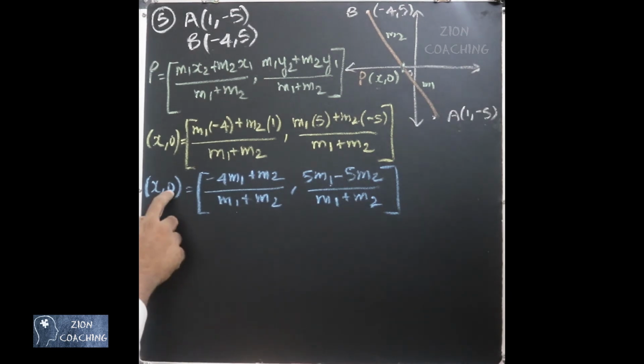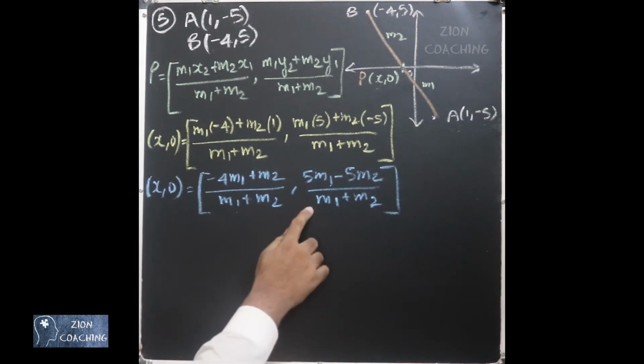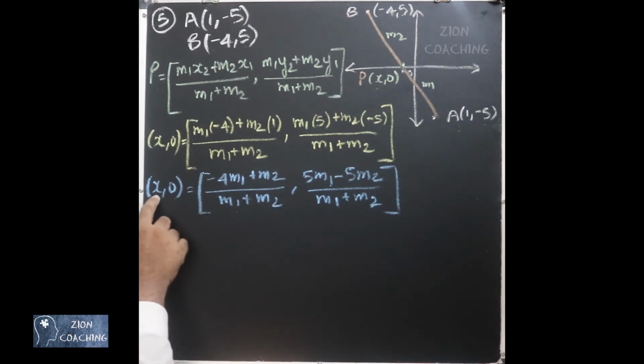We know our y coordinate. We don't know the x coordinate. Since the y coordinate is known here, in this question we are going to equate the y values because we don't know the x value.